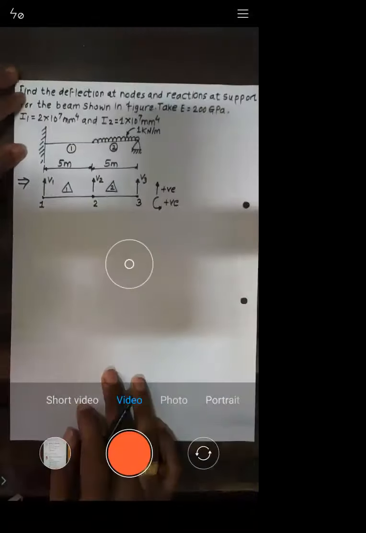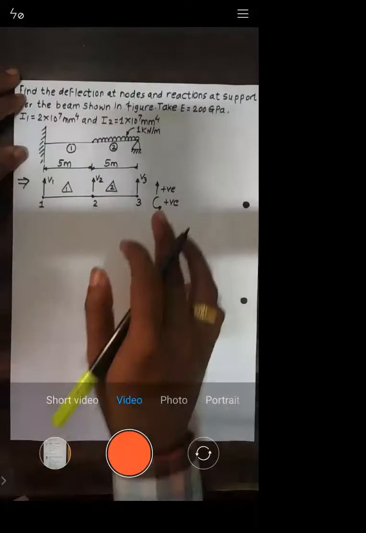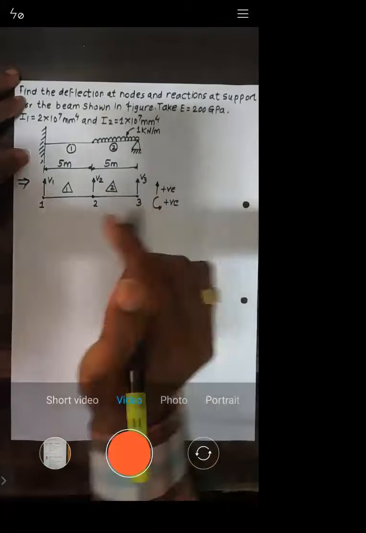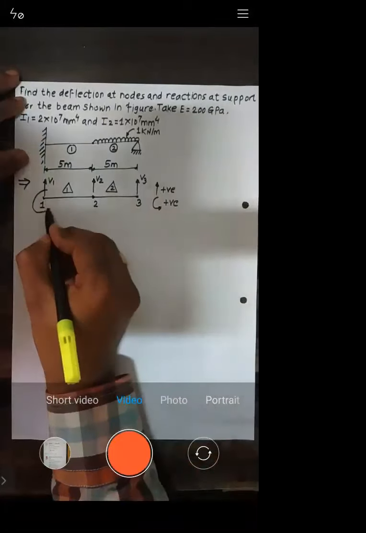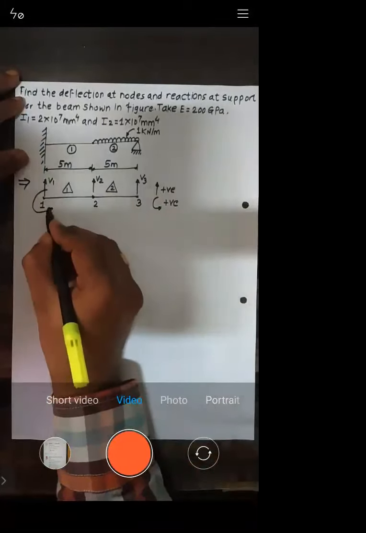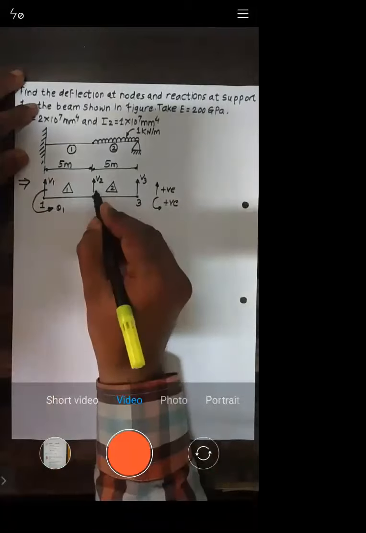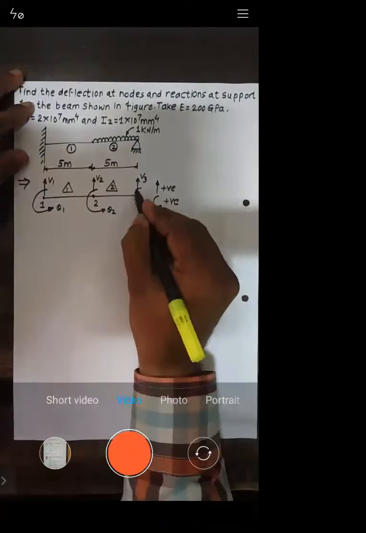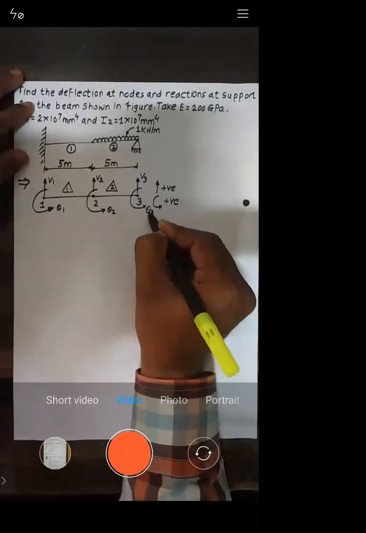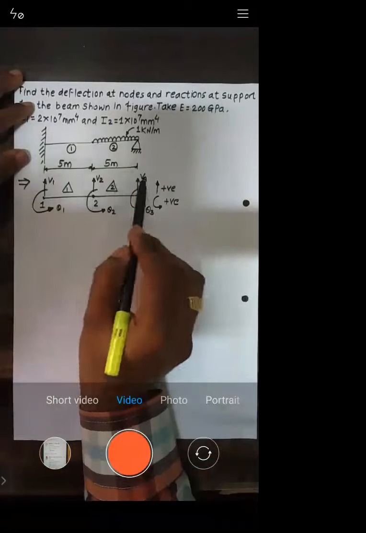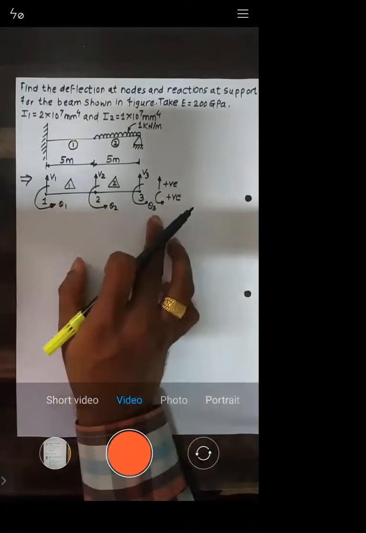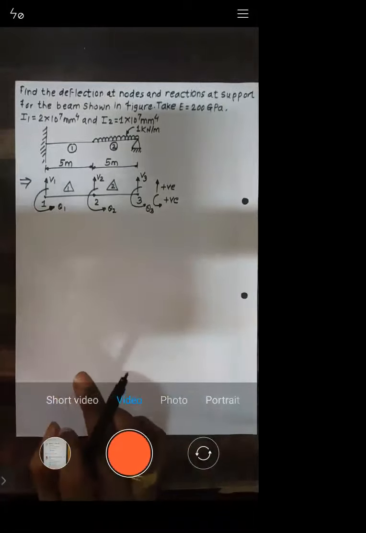Similarly, in addition to the linear displacements, they also have angular displacements. I will take angular displacement in the anti-clockwise direction. Let this be theta1, this be theta2, and this be theta3. These are the angular displacements. V1, V2, V3 are the linear displacements in Y direction, and theta1, theta2, theta3 are the angular displacements about Z axis.